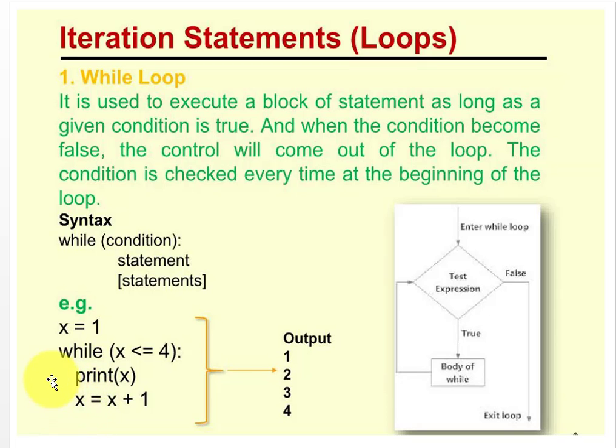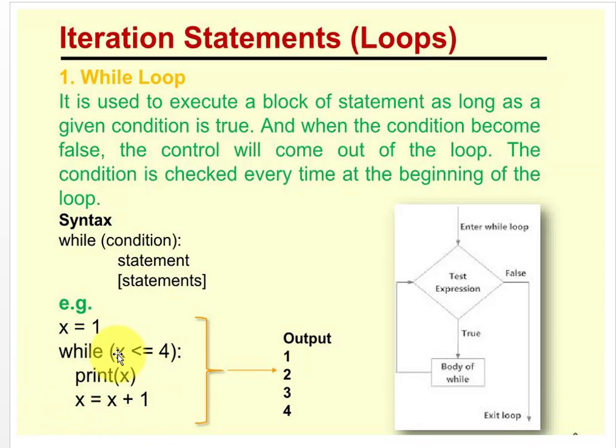Now the condition is checked again. 2 is less than 4, yes, that is also true. So print x means 2 will be printed. Now 2 plus 1 becomes 3.